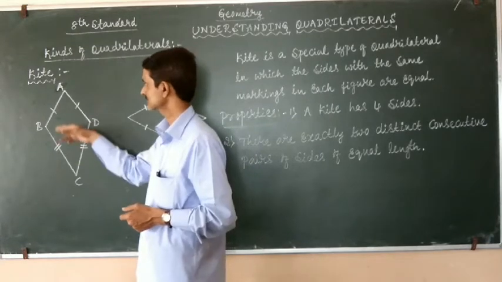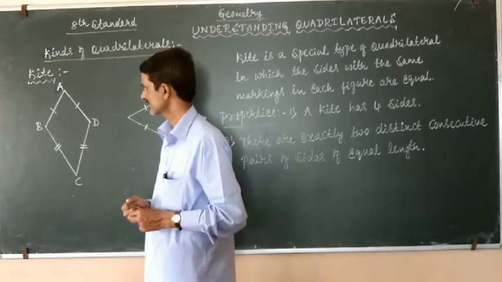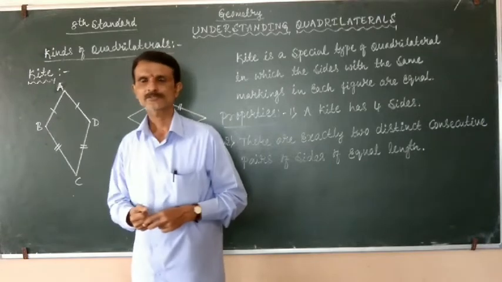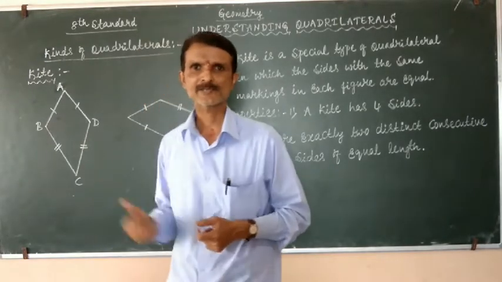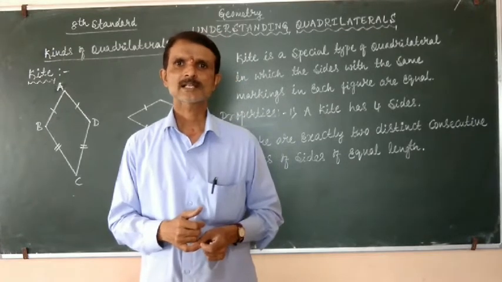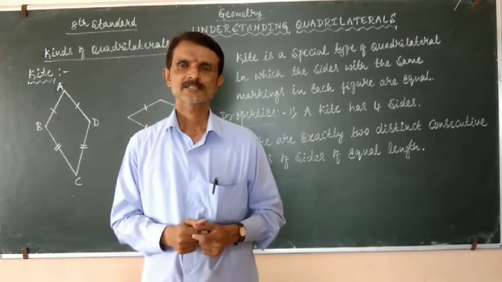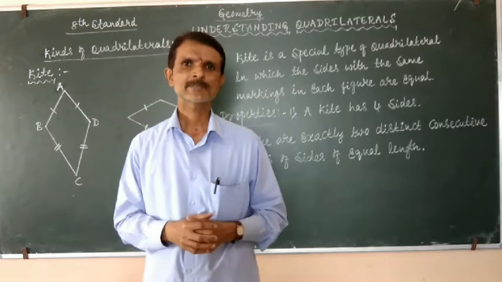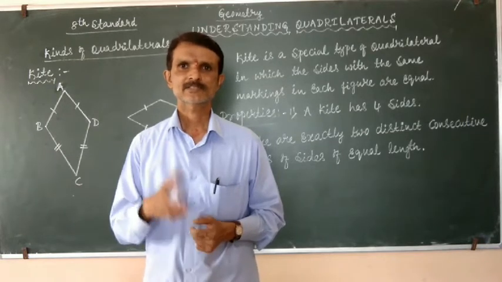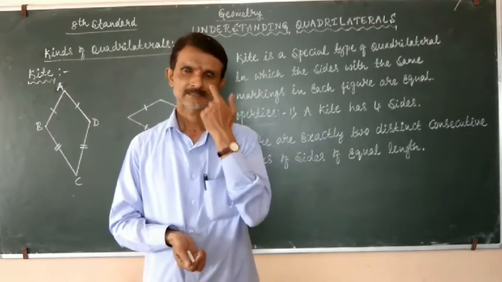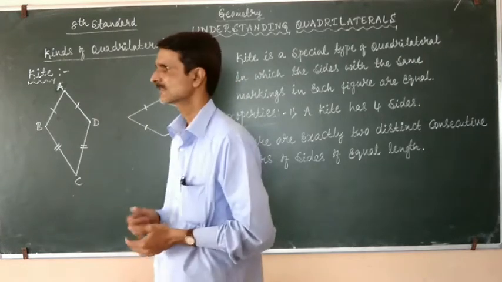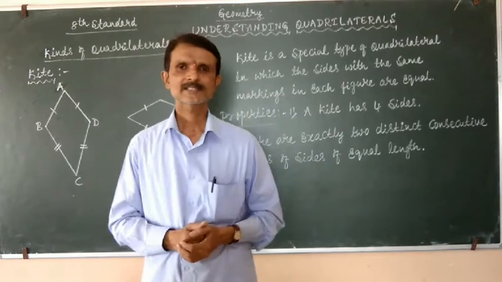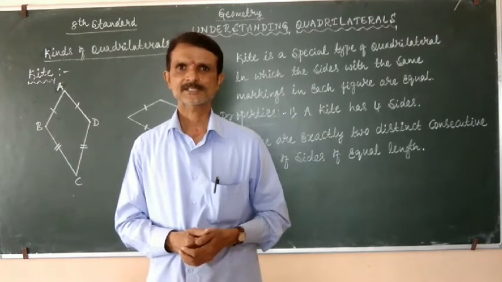If you observe this plane figure, you have played with such an instrument, what you call a kite. You prepare the kite and play with it in the sky. Now we shall see the definition of the kite and the properties of the kite.